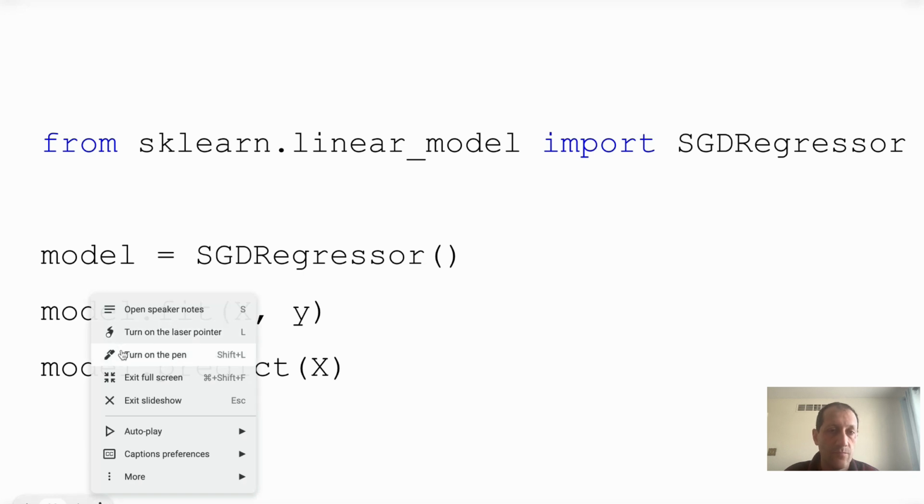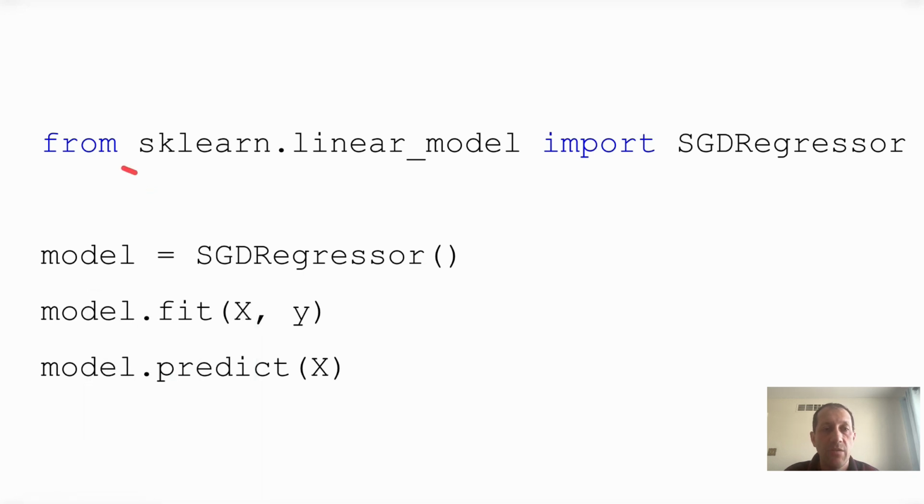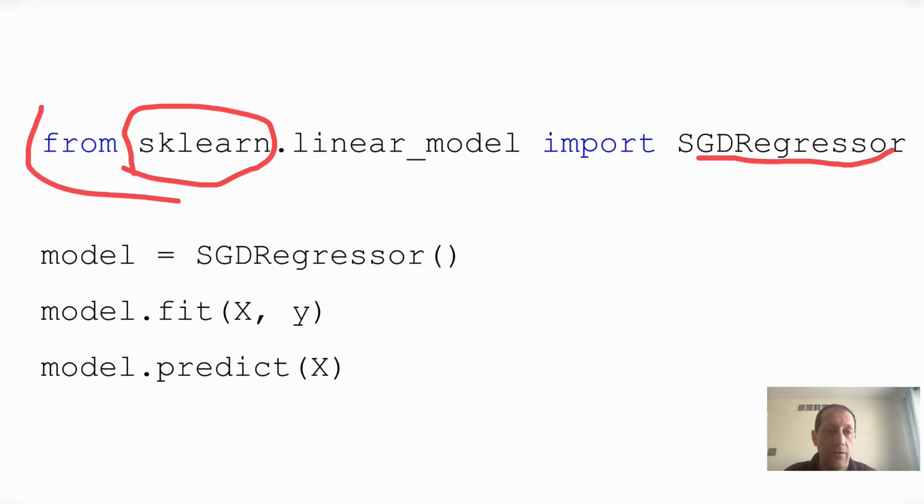This is an open source library for machine learning in Python. It is a collection of a huge number of algorithms. And what I'm saying is to import the gradient descent regression model from the family of linear models from sklearn, right? So you're importing it here.